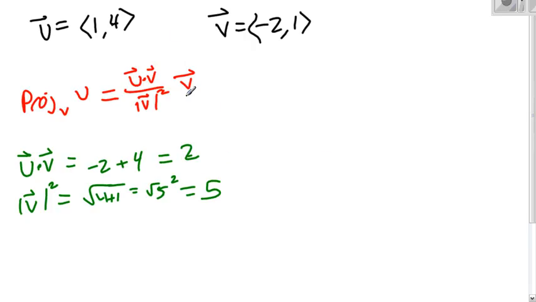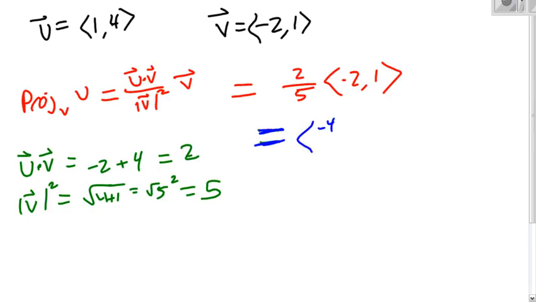And then multiply by the vector. So first, let's put this all together. 2 over 5 times vector v, which is -2, 1. So you just distribute that. It's just a number. You distribute it to each component. So our projection is -4 over 5, comma 2 over 5.